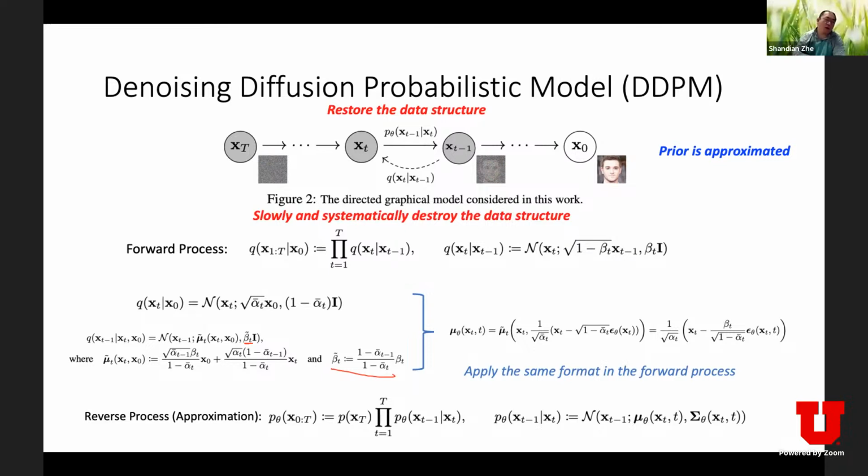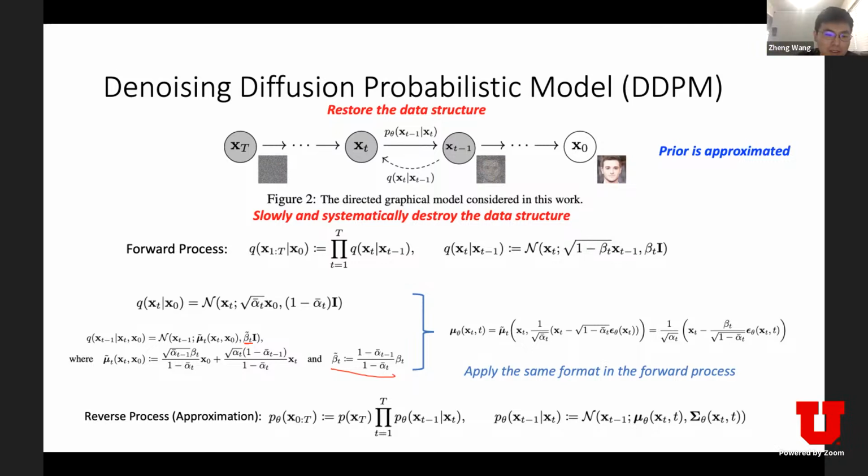Okay, if you can get this, why do we learn some reverse model? That's a good question, because our goal is to generate x0 from xt, right? But if we already know that this distribution is conditioning on x0, if we already know the x0, we wouldn't need to solve this problem.